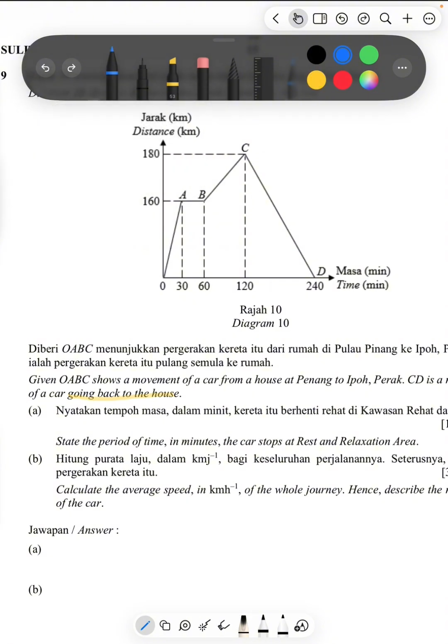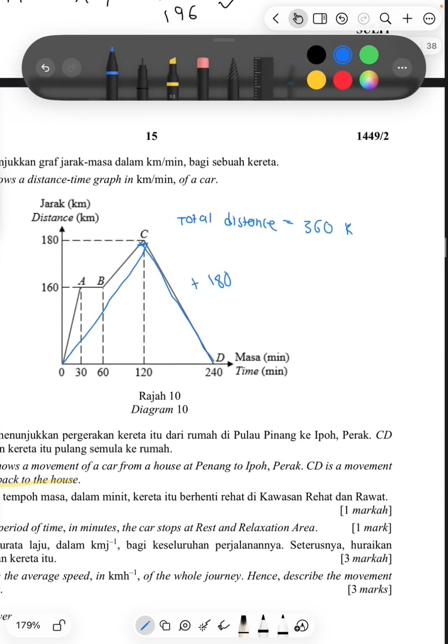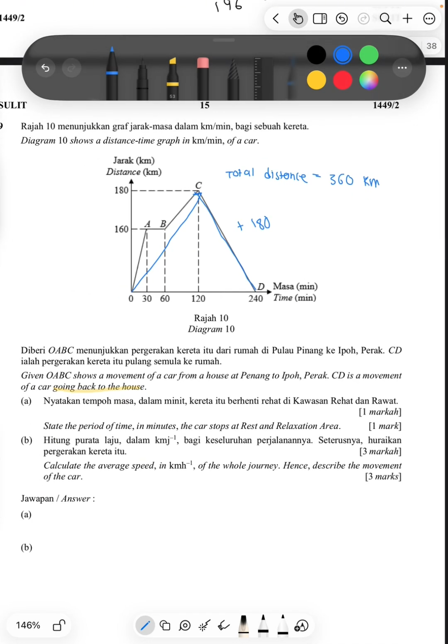And that's such a careless mistake, because when you go back home, you reach here, it's 180. You go back home, it's plus another 180. So meaning that the total distance is actually equal to 360 kilometers. Now I know.